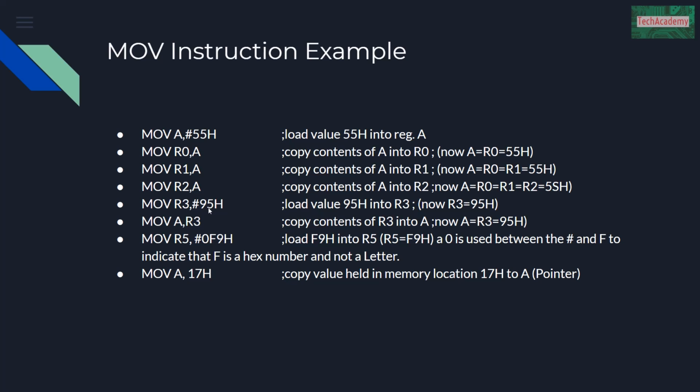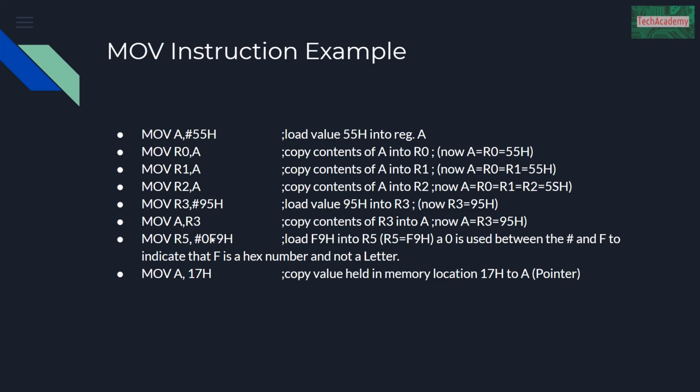The reason behind this is that when the first digit, the MSB nibble, is a hexadecimal character like A, B, C, D, E or F, so in hex we know the value can go from 0 to F, right?